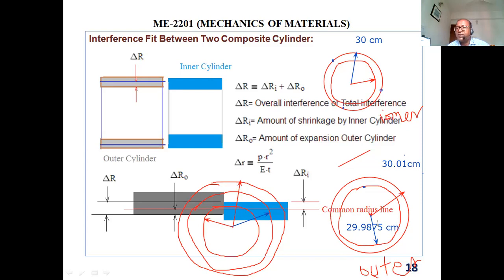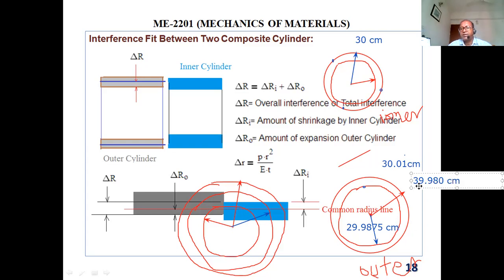My radius is 29.9875. I like to regain my shape, right? Then they will compromise, and instead of this one, they might have a common radius, right? 29.980 centimeter.